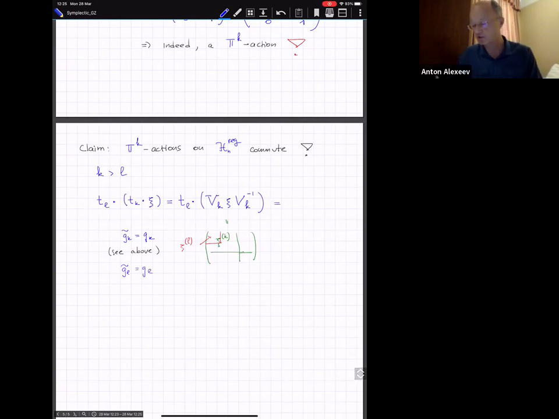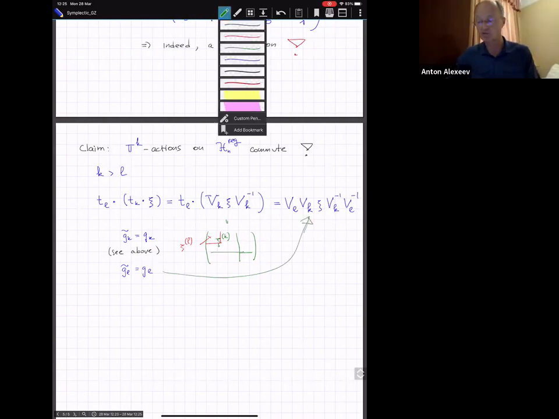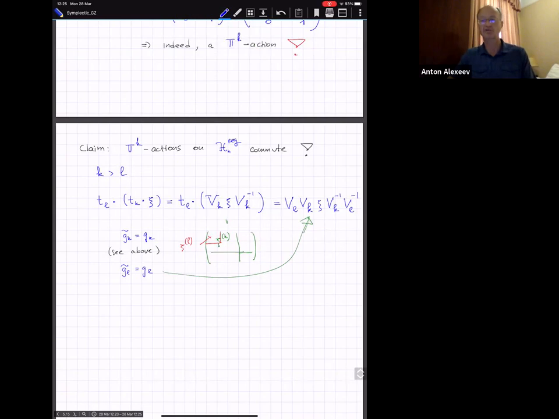And this means we actually know what this is. This is Vl, Vk, Xi, Vk minus 1, Vl minus 1. These are our definitions from before. Well, that was an easy direction.